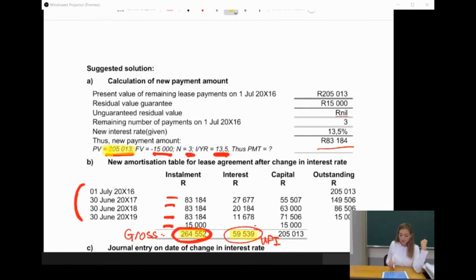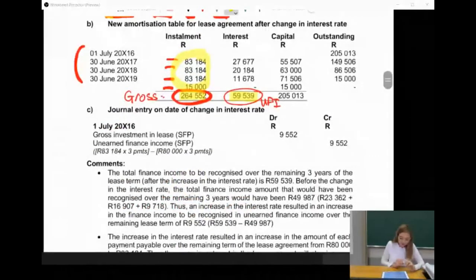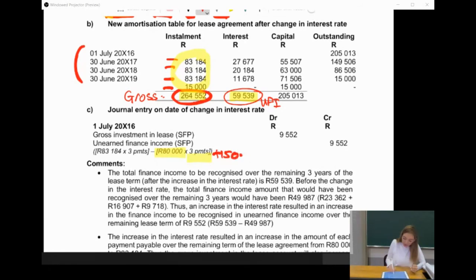So the only difference is, because our lease payments have now increased, we will have to increase our gross investment in the lease, and then our unearned finance income is also going to increase. Good, and that's exactly what we do now with this journal over here. So originally, before the change in the interest rate, our lease payments were 80,000, and we had 3 payments remaining. And then we also had the 15,000 that was part of our gross investment in the lease.